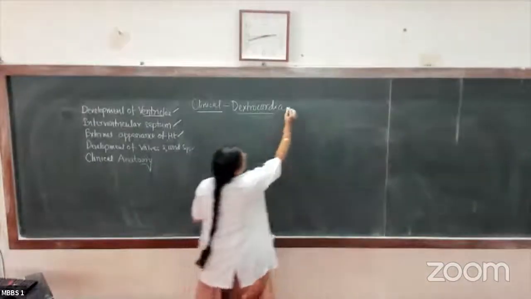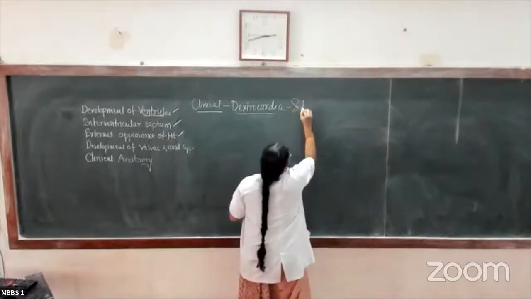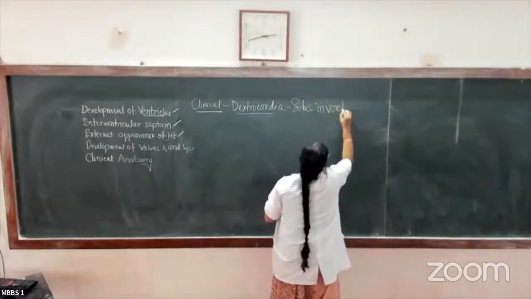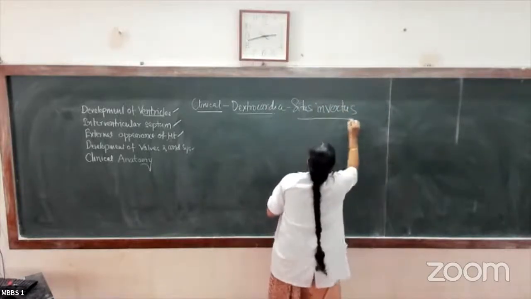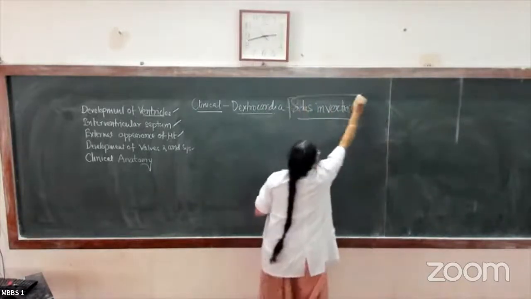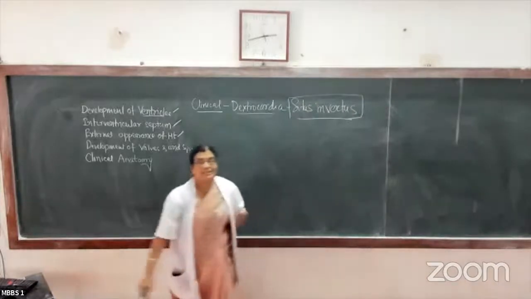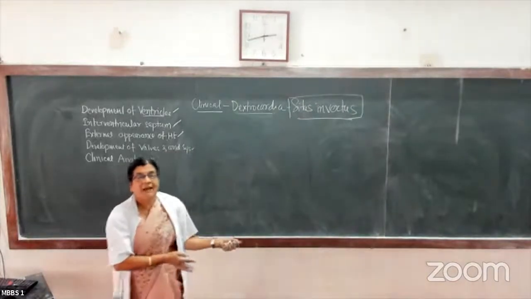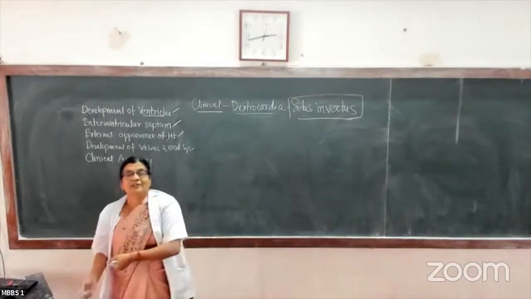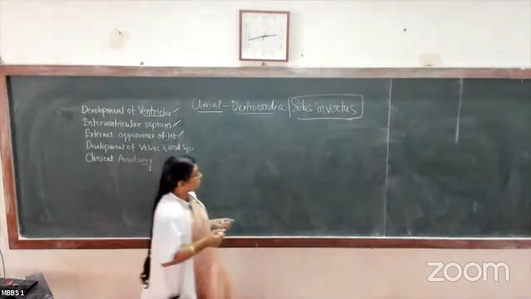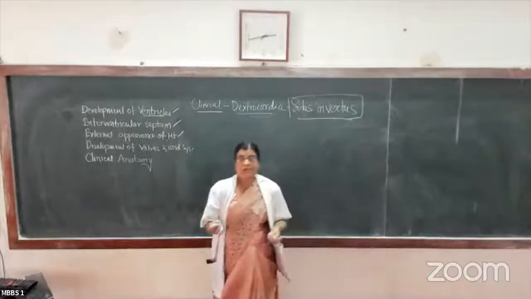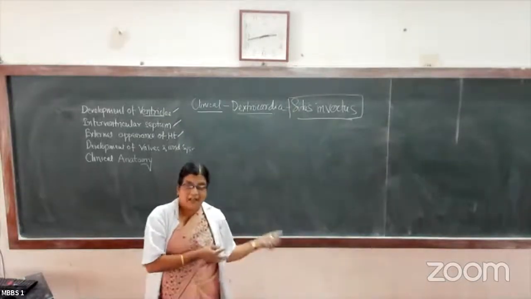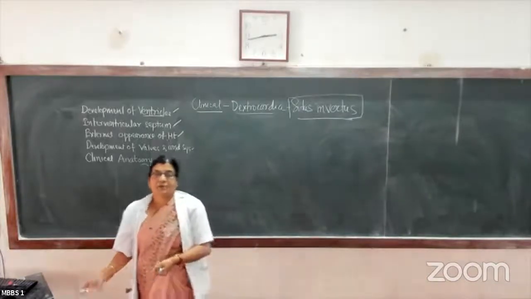This may be a part of situs inversus. What is this situs inversus? This is a condition in which all organs of the body which are situated on the right side will develop on the left side, and left-sided organs will be on the right side. For example, liver should be on the right side, it will develop on the left side, and spleen, which is on the left side normally, develops on the right side.